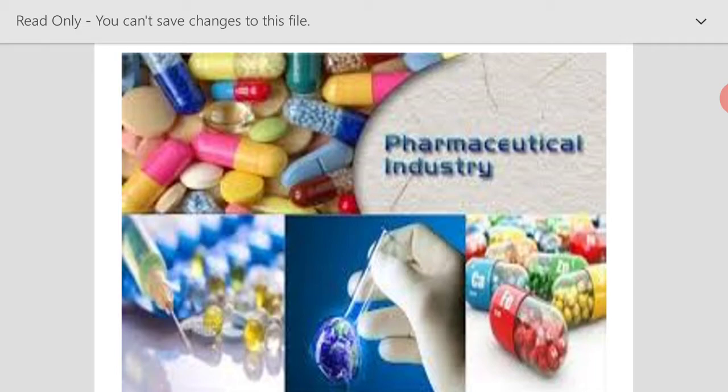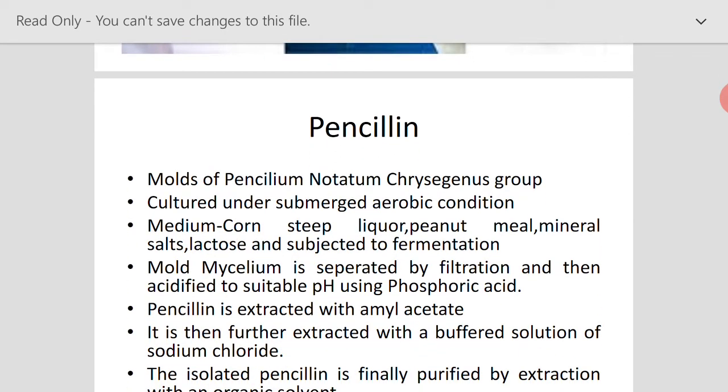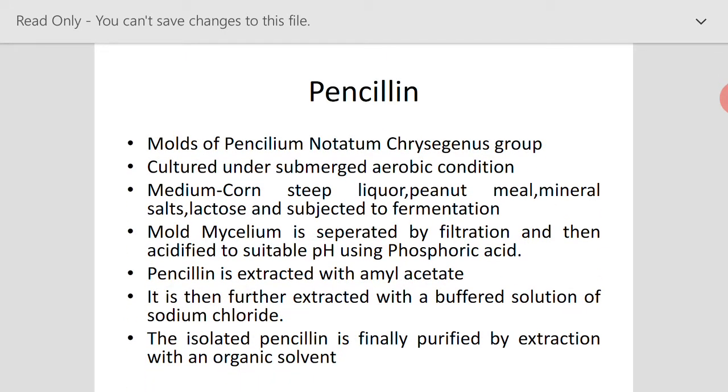Along with that, we will look at the wastewater originating from this pharmaceutical industry, its characteristics, as well as its effects and treatment. So first let's see how penicillin is manufactured.